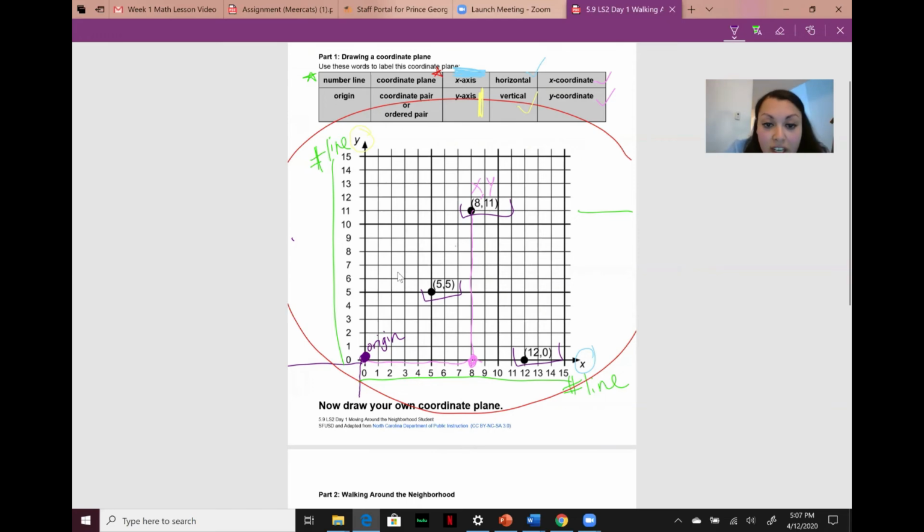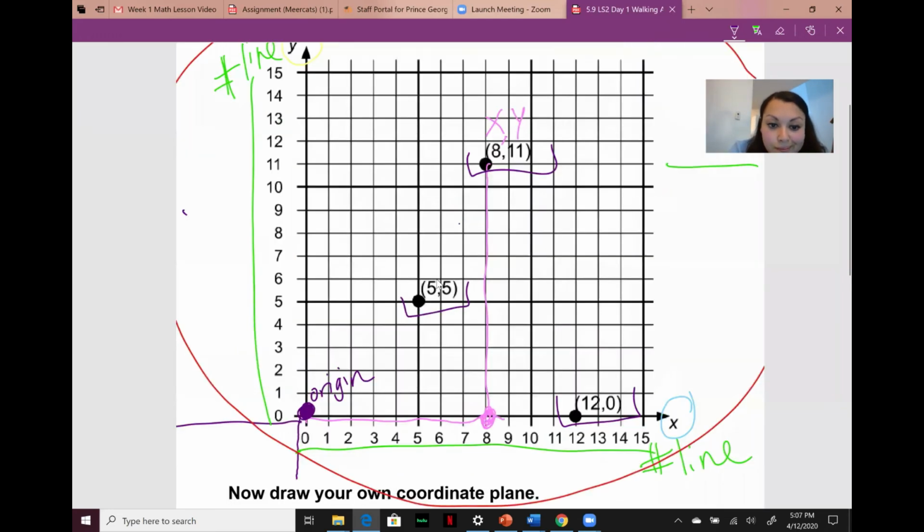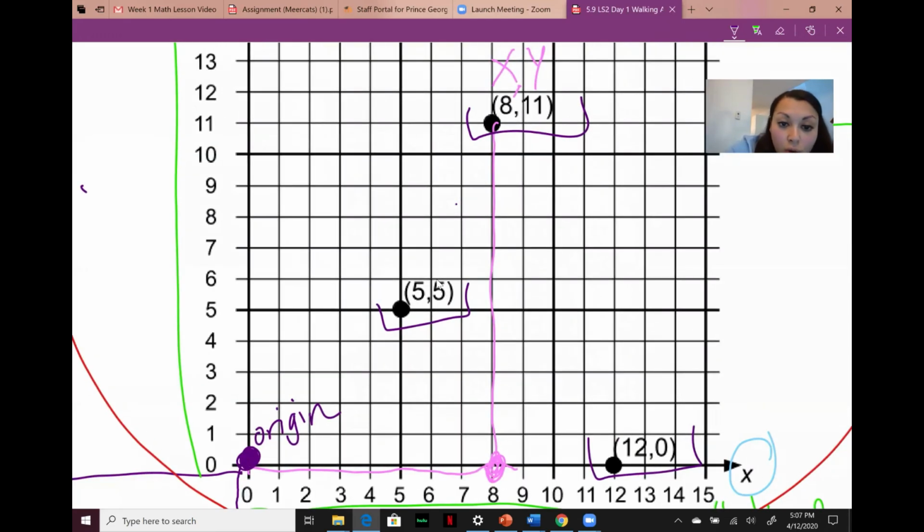This number right here, 5, 5, means we go across 5. We look at our x-axis, we go across 5, and then our y-axis says go up 5. So you see here, this is 5. So this is the coordinate plot 5, 5.